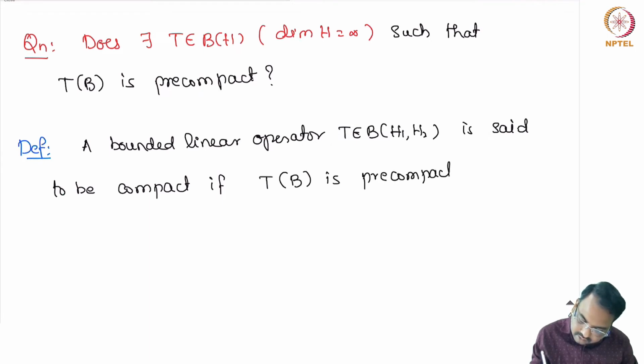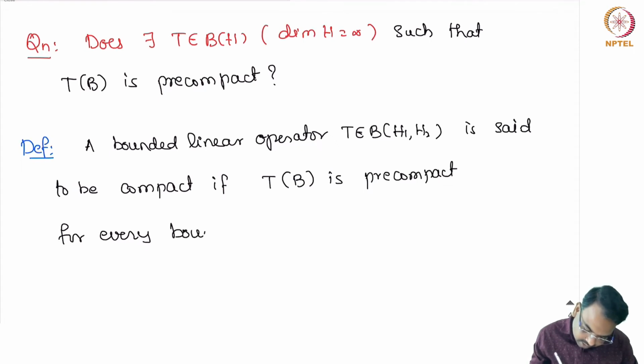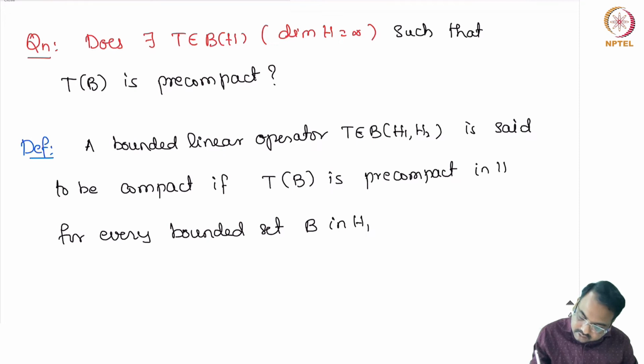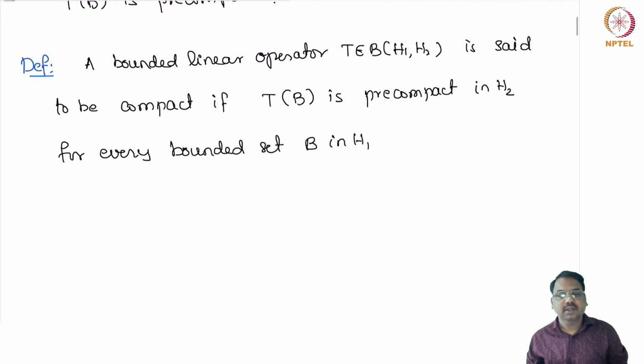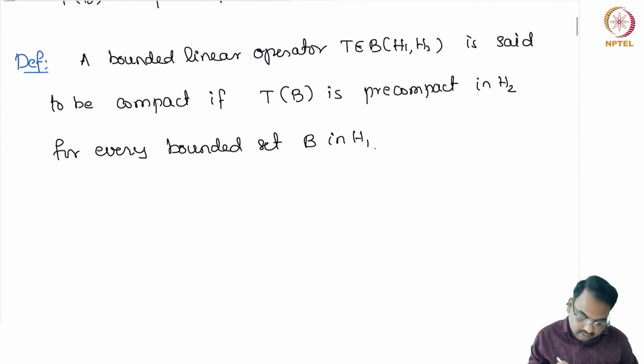That means T of B closure is compact for every bounded set B in H1. Here it is in H2. Okay, instead of closure of unit ball, we can always take a bounded set. So such a map we call compact.